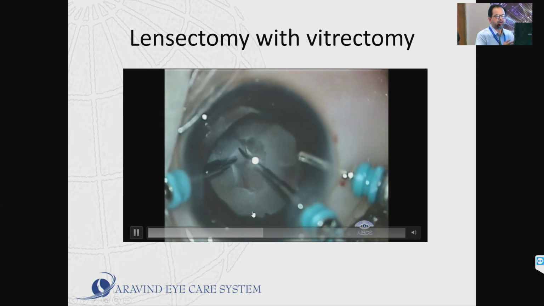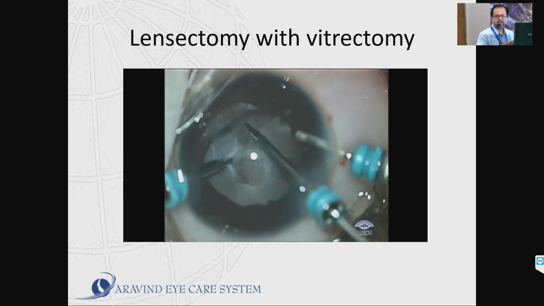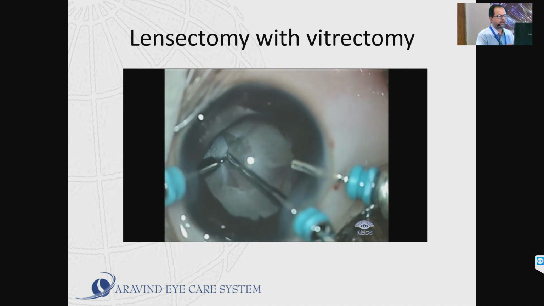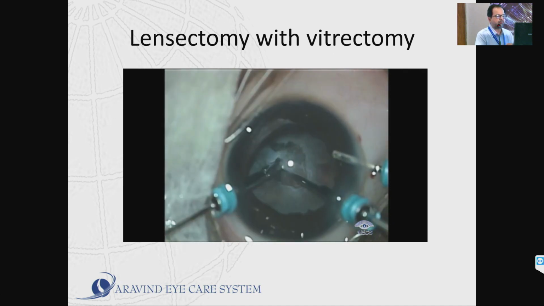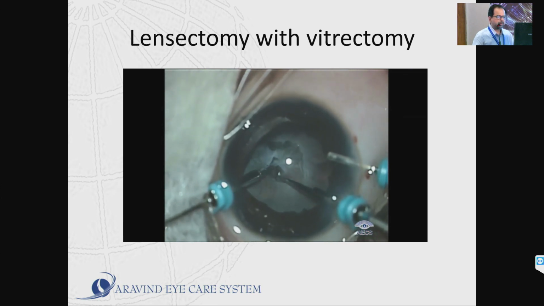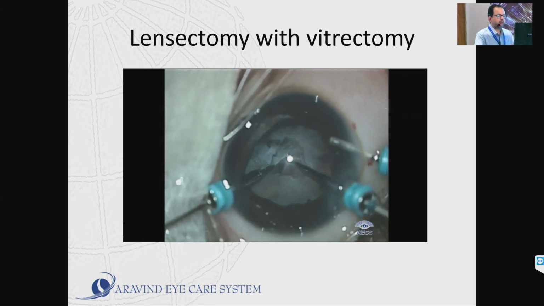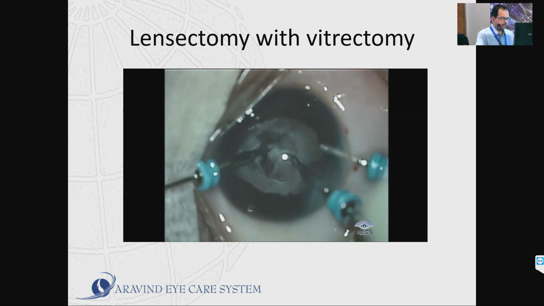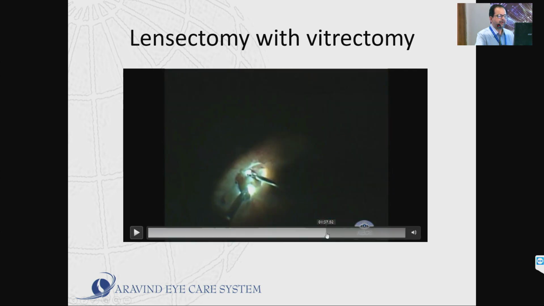Obviously, you don't require a BIOM for this, it's very anterior. So just with the light microscope it is done, and at the maximum the assistant can use the light probe from outside. The whole idea is just to relieve the traction as much as possible and try to open up the funnel.